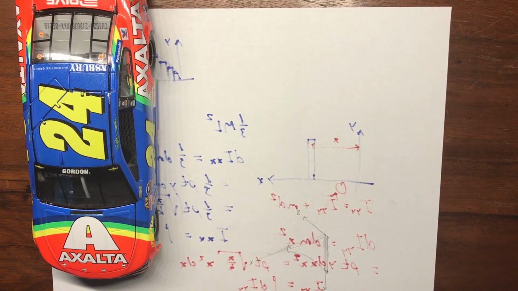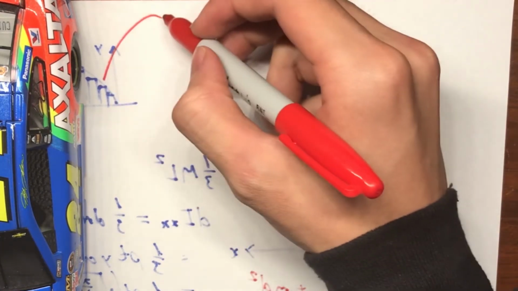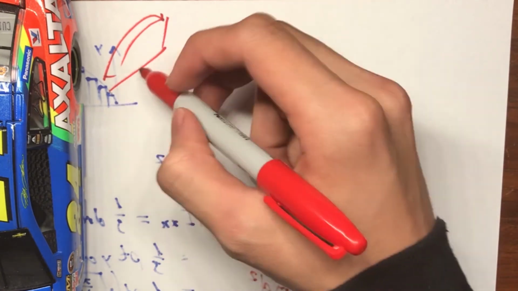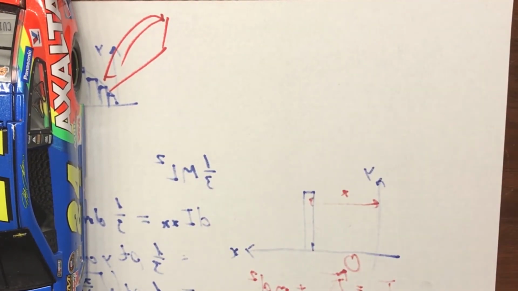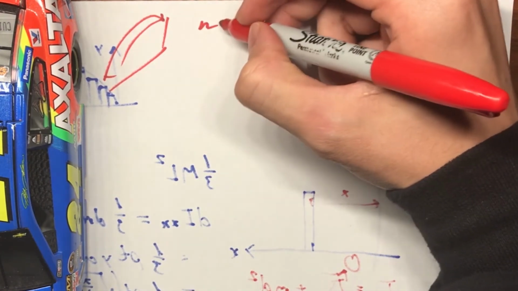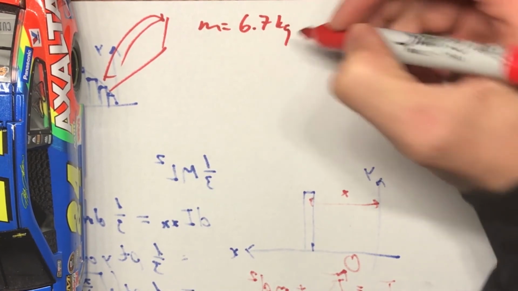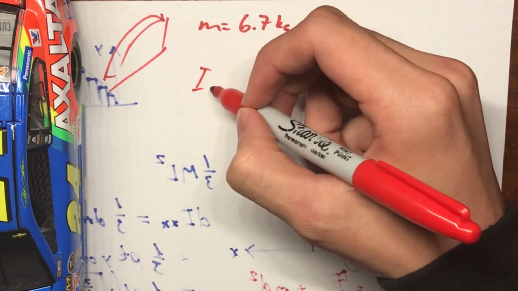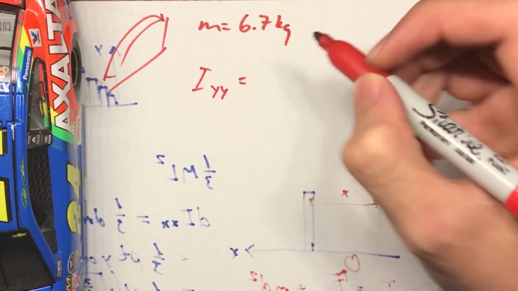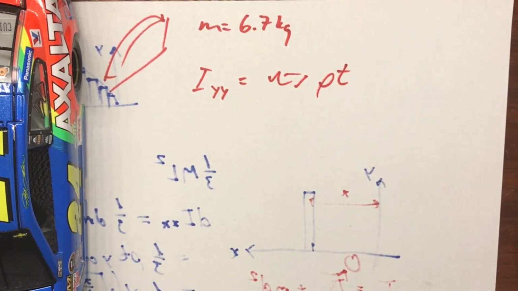One more thing I almost forgot. A lot of problems will give you a number for the mass, but not the thickness of the solid. Because they clearly have thickness, and you need that to find volume, and volume is one of the steps in here. So how do you do that? Well, let's say mass is like 6.7 kilograms, right? You'll be integrating it, and you won't be able to take out the terms, and you'll have blah blah blah times rho times t, right?